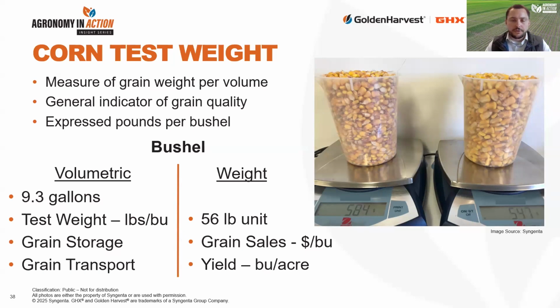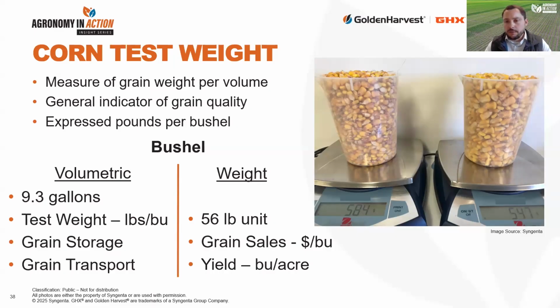If we look at the picture in the right-hand corner, you can see two different volumes of corn. I should say that wrong. We see the same volume of corn on a scale, but we see two different weights. On the picture on the left, we've got the same amount of kernels, and we're weighing, if you can't see it, 58.4 grams.